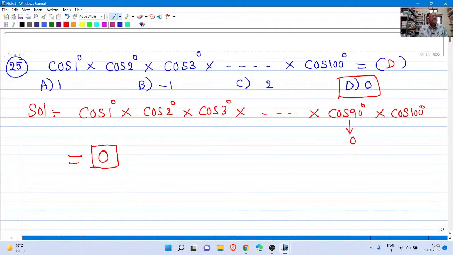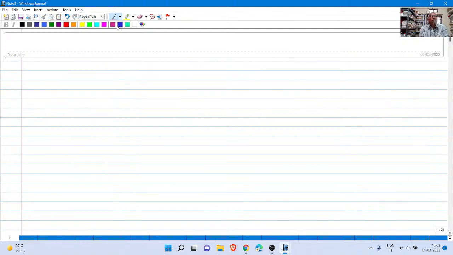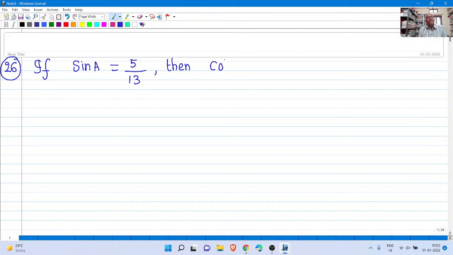Now the 26th question. If sin A equals 5 upon 13, then cot A equals?